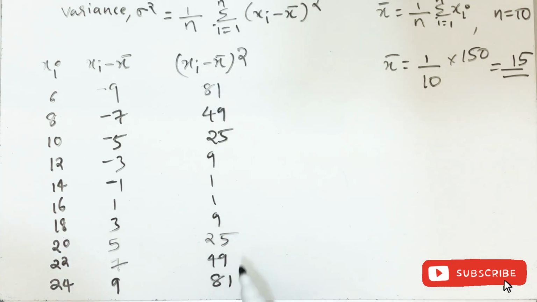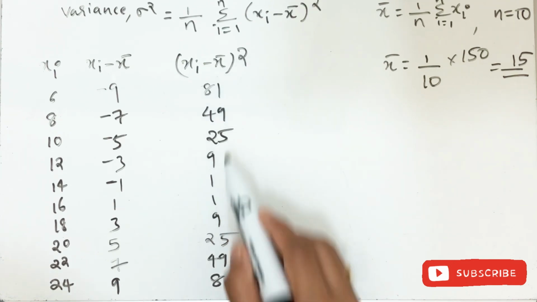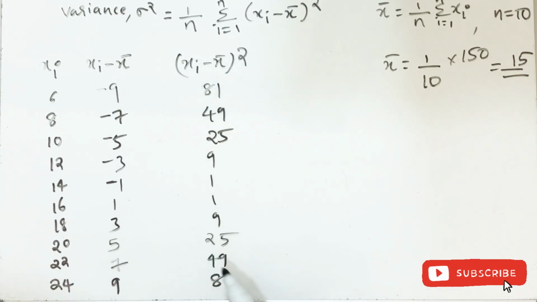Next, we find sigma xi minus x bar square, that is the sum of these numbers. It will be equal to 330.